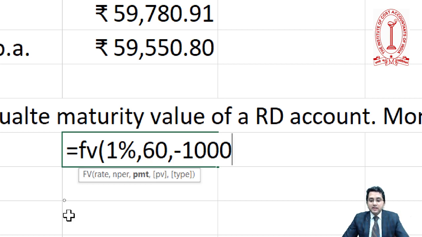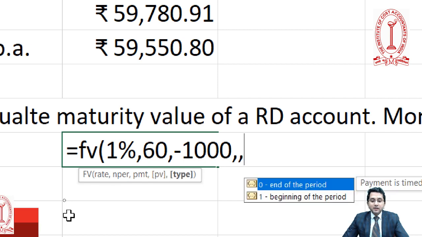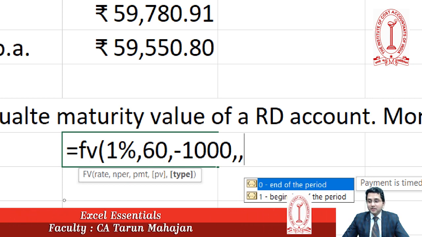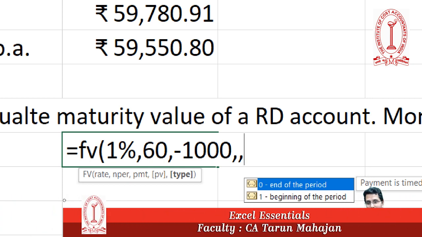Then it is asking me PV. Are you depositing something today also? No, no, no. Today I am not depositing anything. It is starting just from the first month end. So I'll skip PV. Then it is asking me to input type. I told you type is related to PMT.